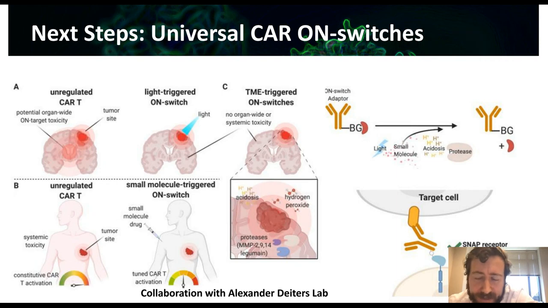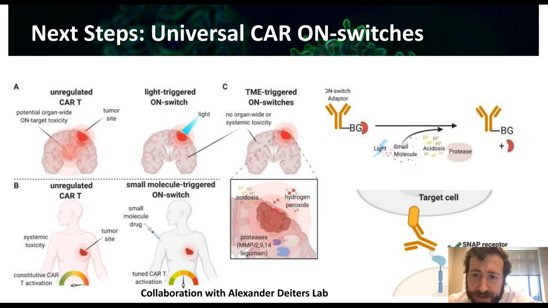And lastly, we're also developing switches that are controlled by tumor microenvironment stimuli. So in addition to making different target antigens, the tumor microenvironment is known to have different chemical conditions, including acidosis, so lower pH, expression of different proteases, which also help tumor cells to metastasize, such as MMPs or legumain, and then reactive oxygen species, like hydrogen peroxide.